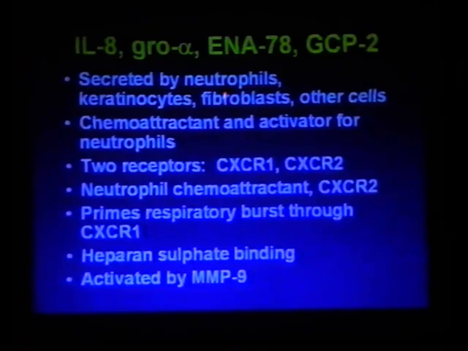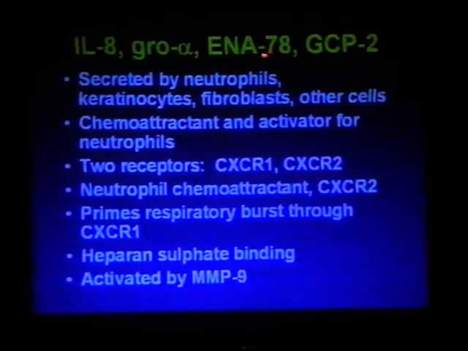They're secreted by a whole variety of cells, and they are chemoattractants and activators for neutrophils. They have two receptors, a high affinity receptor, which is concerned with bringing neutrophils in, and a second receptor, CXCR1, which is the low affinity receptor, which is concerned with activating the neutrophils when they arrive.